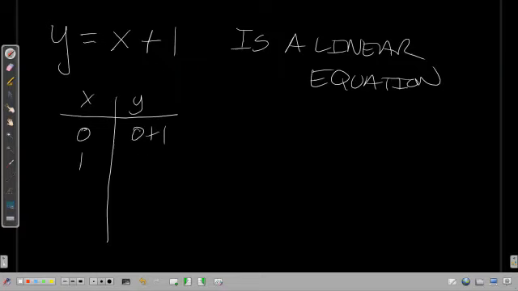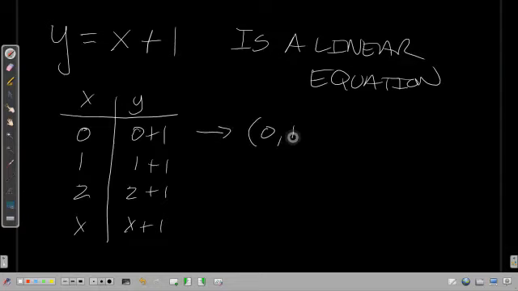And if x was 1, this would have to be 1 plus 1. And if x was 2, this would have to be 2 plus 1. So for any x value, the y-coordinate is x plus 1. These correspond exactly to ordered pairs.